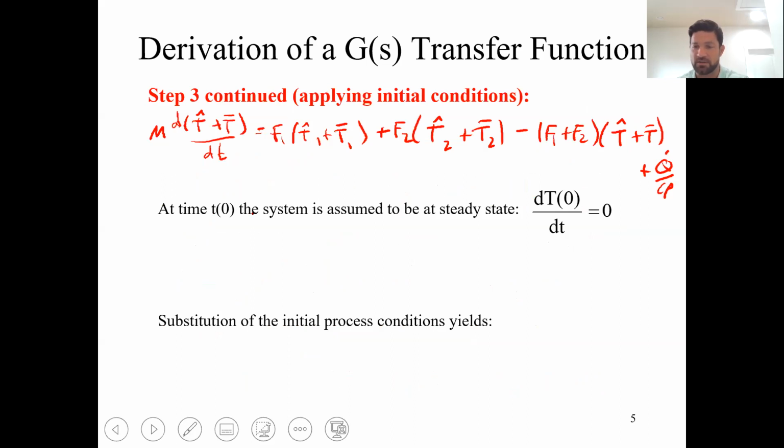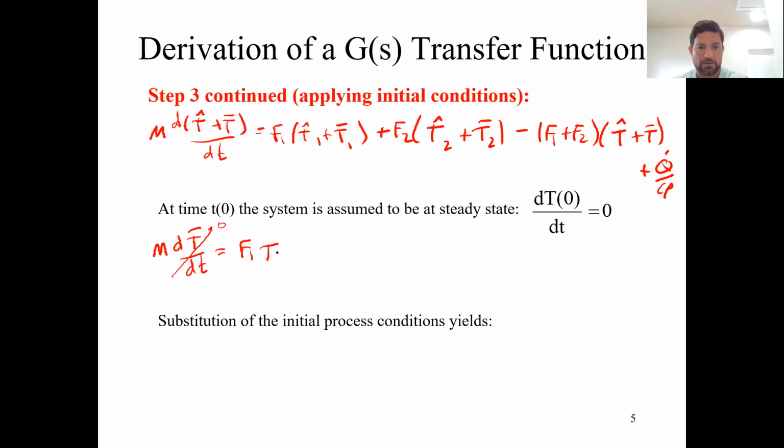This is valid over all conditions, all temperatures. So at steady state, m times dT bar dt is equal to 0, equals F1 T1 bar plus F2 T2 bar minus (F1 plus F2) times T bar plus Q over Cp. This is true at the steady state condition.